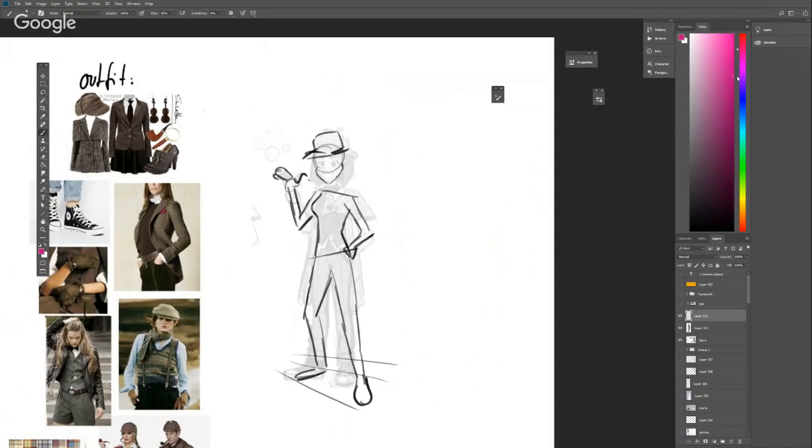What I mean with that is to give your characters some angles, like here and here, here and here. And maybe you can make her jacket, that you see here.